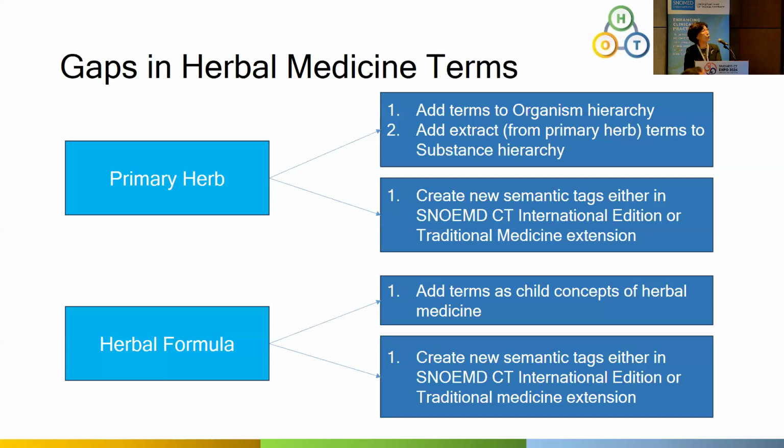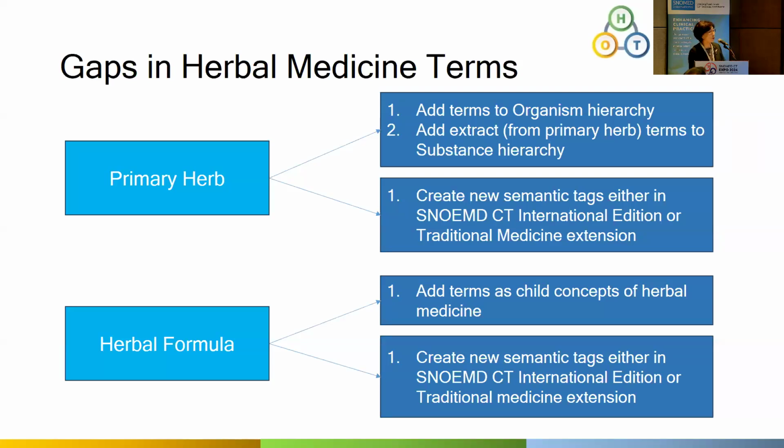So how are we going to solve the gaps in herbal medicine terms? For the primary herb, we could add terms to the organism hierarchy. But in the meantime, we also need to add extracts coming from plants. So we need to do that. Or we could create a new semantic tag, either in SNOMED CT International Edition or the traditional medicine sub-ontology.